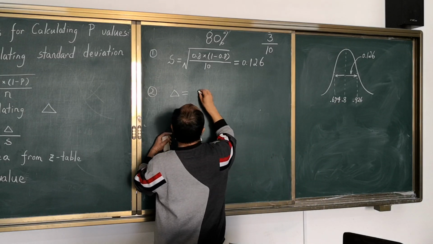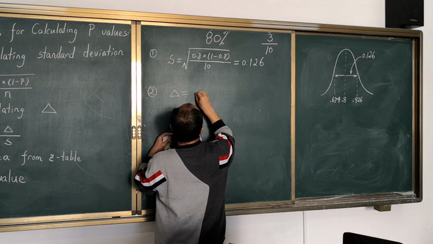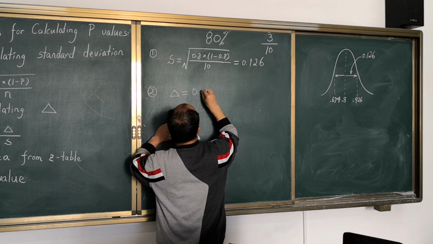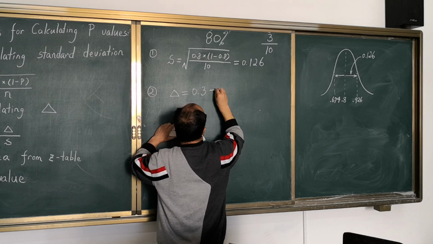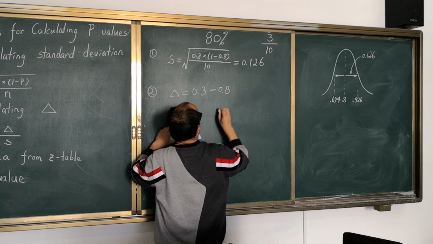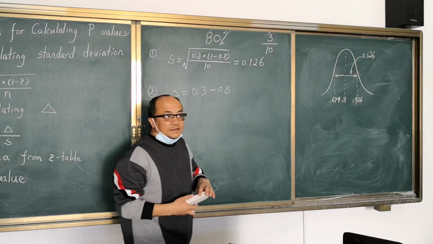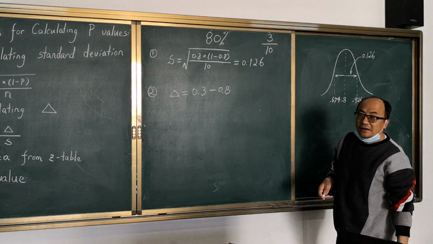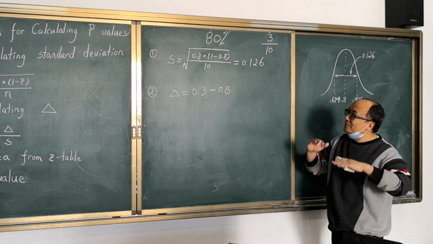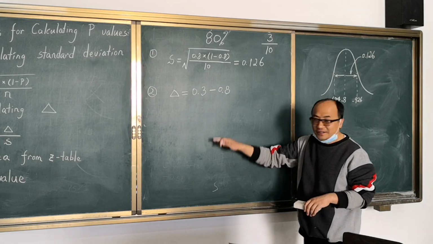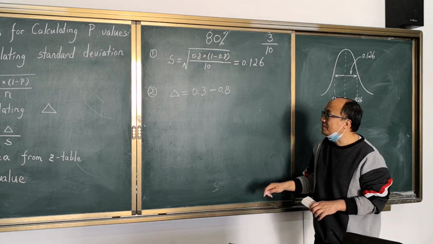So the difference is 0.3 minus 0.8. We feel disappointed, but we want to calculate how much we were disappointed.